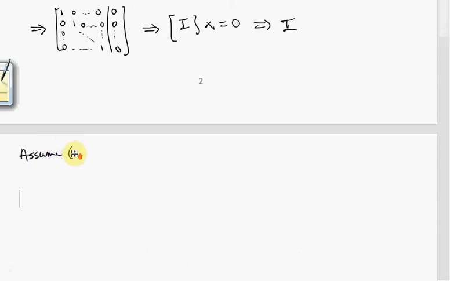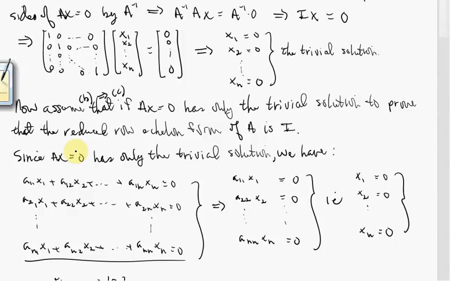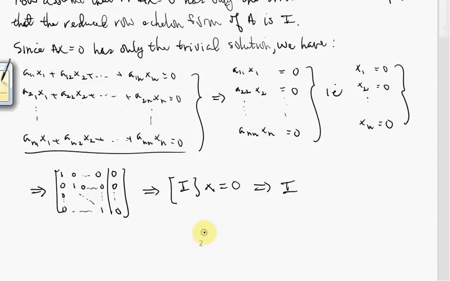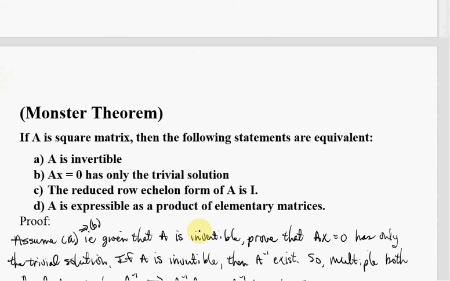So now we assume C to prove D. And C said that if the reduced row echelon form of A is I, then does that mean that A can be expressible as a product of elementary matrices? Let's see.